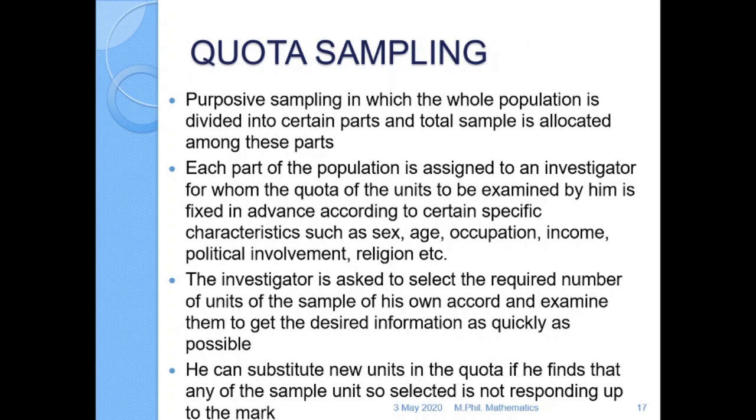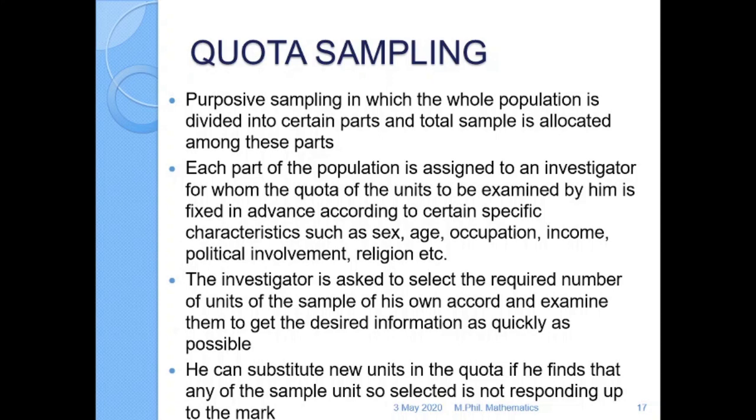Another non-probability sampling technique is quota sampling. Here, the population is divided into quotas, and each quota is assigned to an investigator. So, there are multiple investigators in this case, and each investigator chooses sampling units according to certain strategies adopted by him.